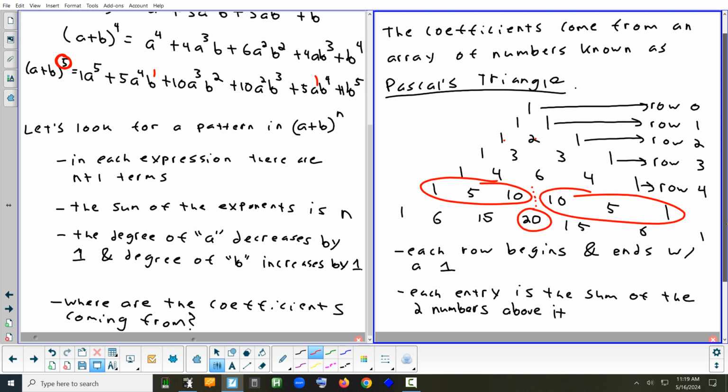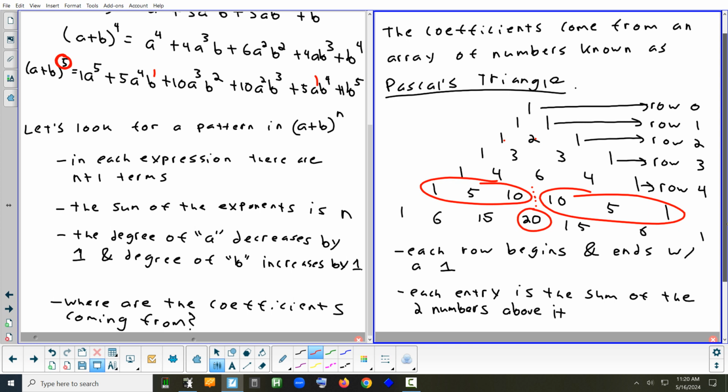It is important how we keep track of what row we're talking about. The very first row in the triangle is called row 0. The reason we call it row 0 is because it helps some patterns we're going to look at make more sense. So the first row is row 0. The first column is also column 0.